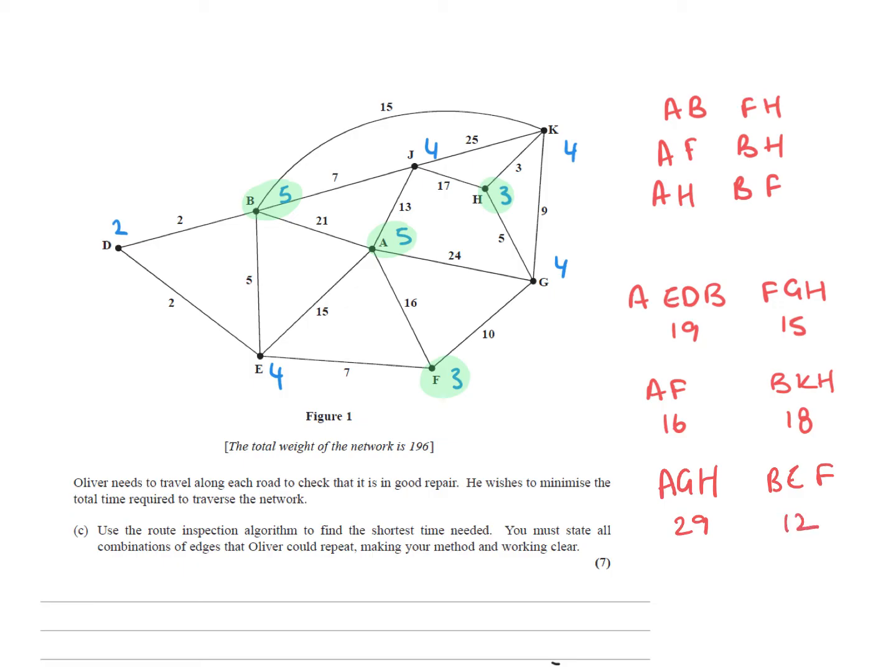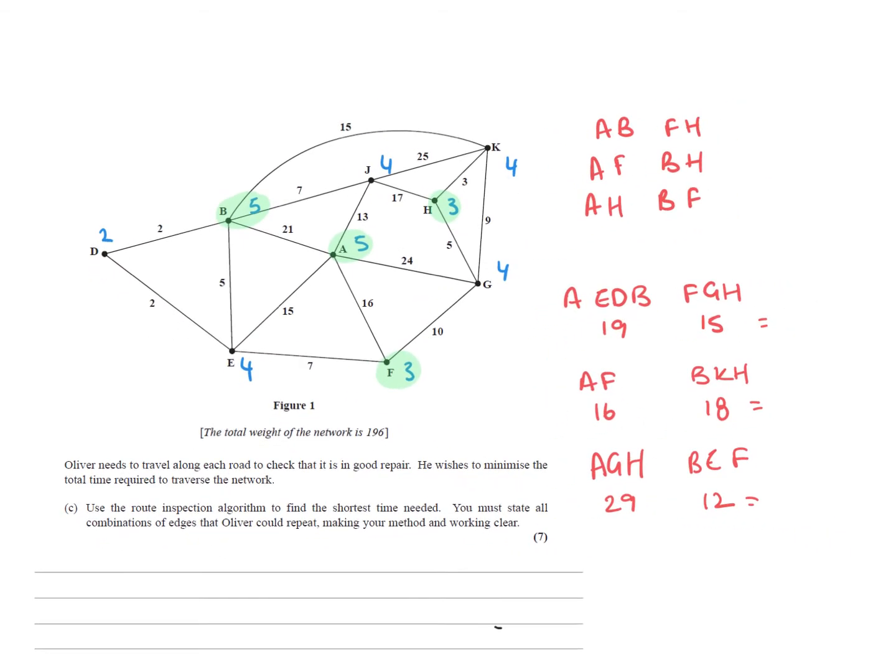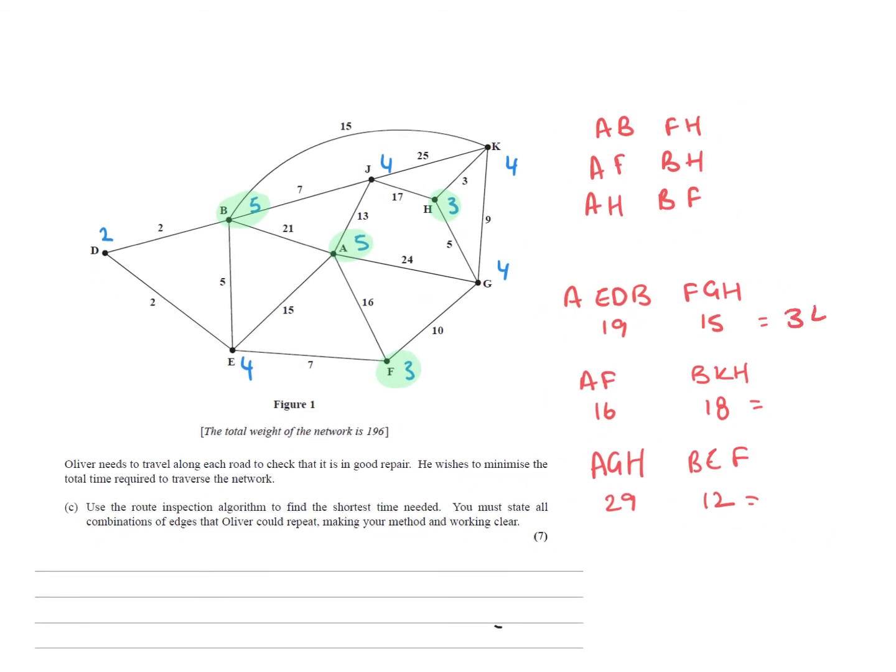Okay, perfect. Now we're going to add these up and see which one is the smallest pair. 19 plus 15, 34. 16 plus 18 is 34. 29 plus 12? 41.